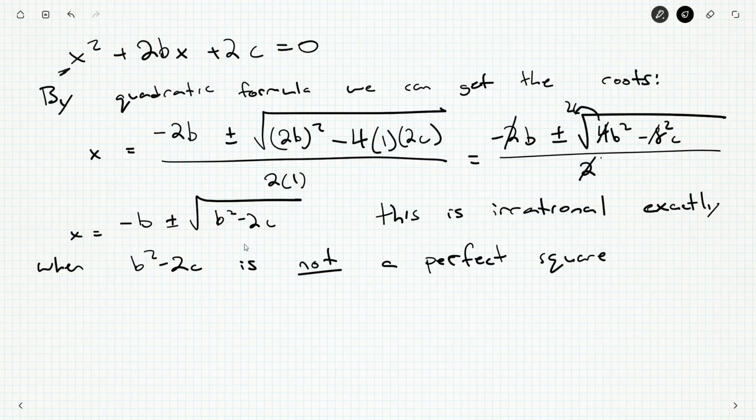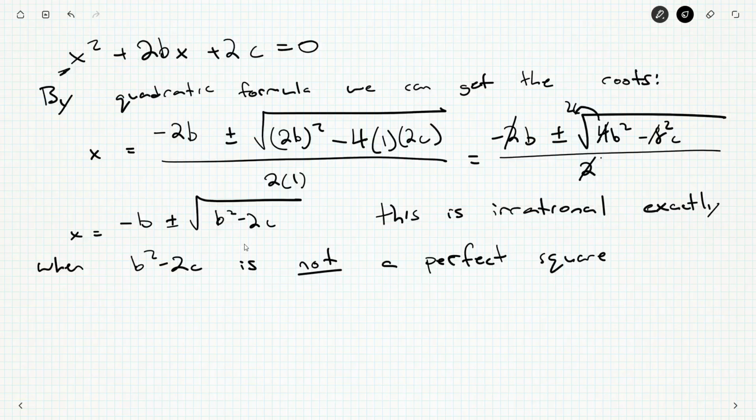If it is a perfect square, and I guess technically we should be saying perfect square of a rational number, but since they're integers, I think we will be forgiven there. But b squared minus 2c, not a perfect square. Otherwise, we'd have an integer here, plus or minus an integer here. You'd get an integer for x, not even just a rational number.